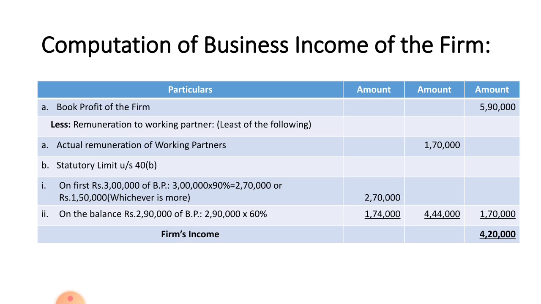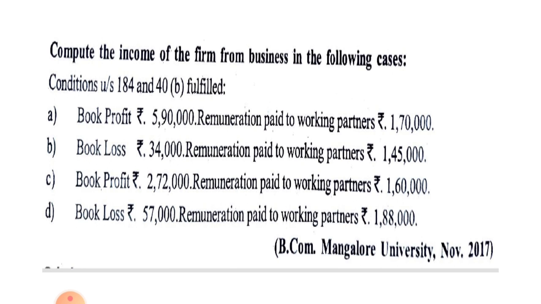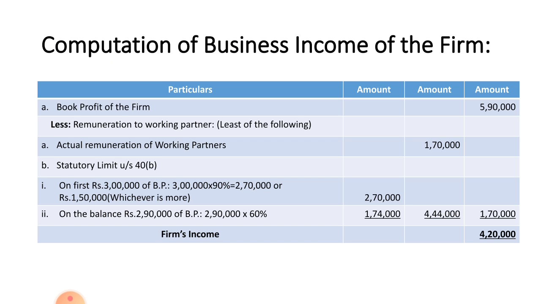Computation of business income of the firm under four cases. Under the first situation, book profit is 5,90,000 and remuneration paid is 1,70,000. So book profit of the firm you have to write in the last column, 5,90,000.